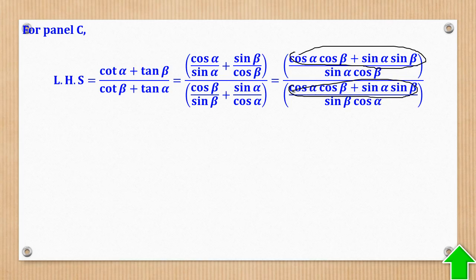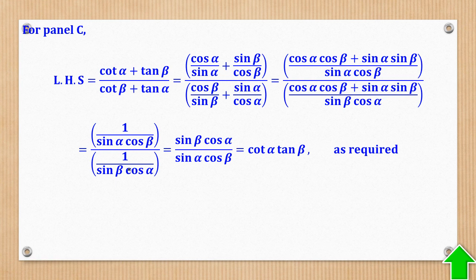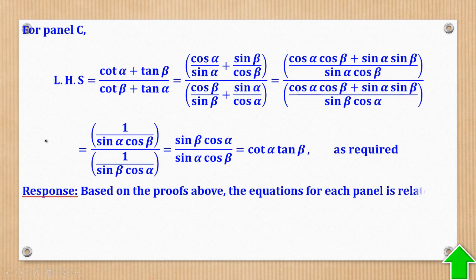They can cancel out, so remain with 1 over this and 1 over that. Simplifying means this goes up to become this. Then from there, cos alpha over sine alpha is cot alpha. Then sine beta over cos beta is tan beta, and that is what they wanted. Then you can give a response for your answer.